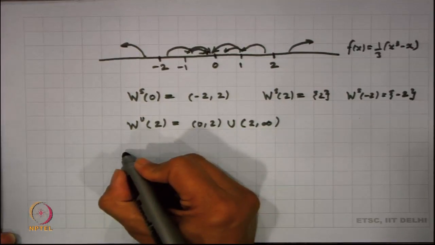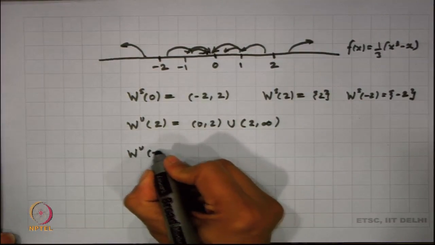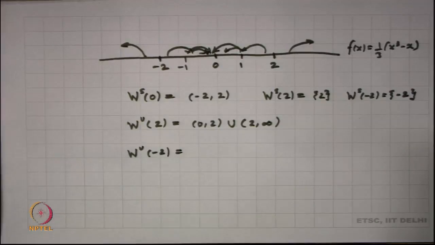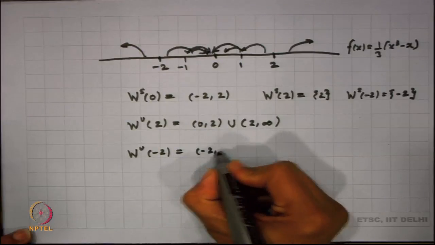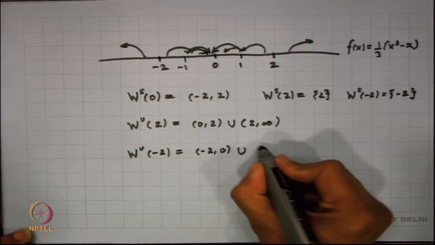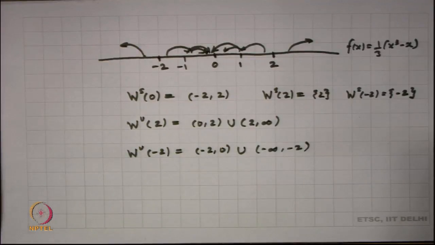Similarly, if I want to look into what is the unstable set of minus 2, the points drifting away from minus 2, that turns out to be the interval minus 2, 0, union minus infinity to minus 2. So, this is basically the unstable set of minus 2. We will try to look into yet another example. I hope this is clear to all of you.